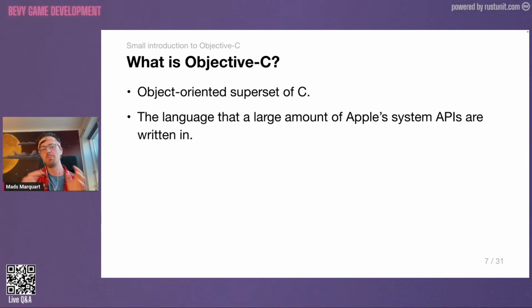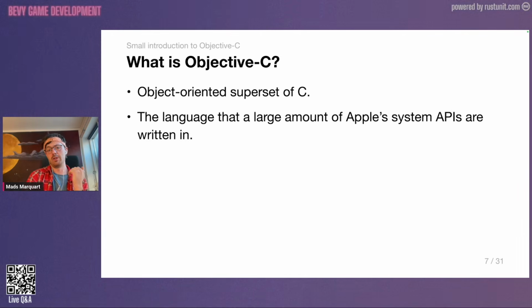It's like the platform API, if you will. Apple is now doing Swift, if you've heard of it, that's their new programming language, but a lot of the old stuff is still written in Objective-C. So if you want to do anything on Apple's platforms, then we need to interact with Objective-C.